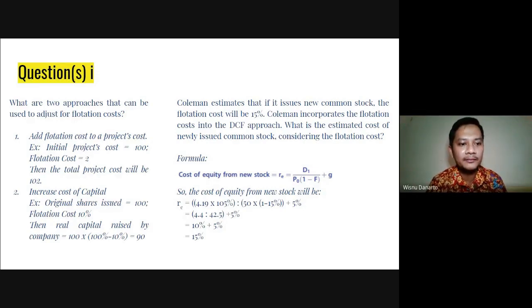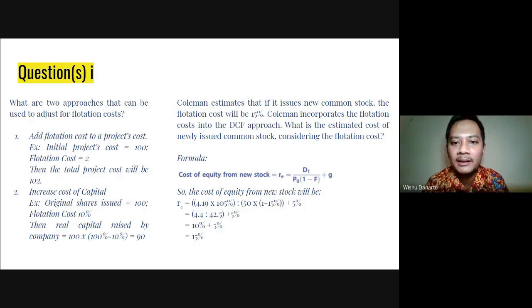And the second alternative is increasing the cost of capital. For example, if the original share issued is 100 and flotation cost is 10%, then the real capital raised by the company will be 90.